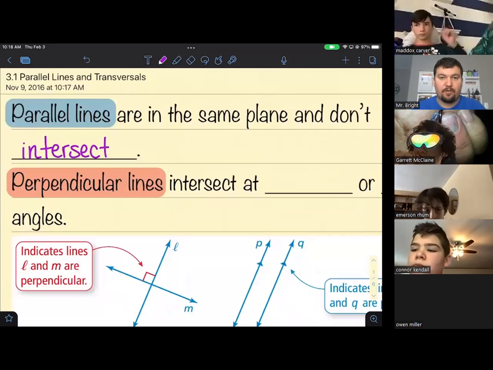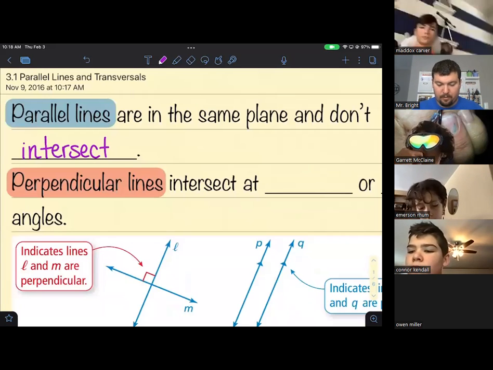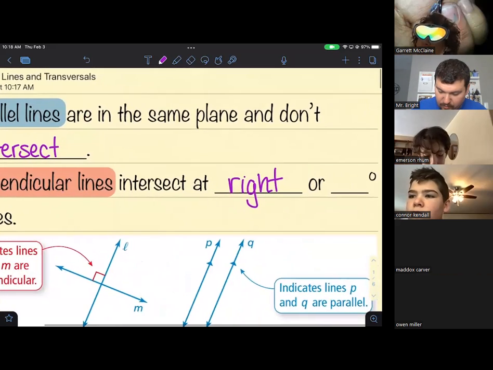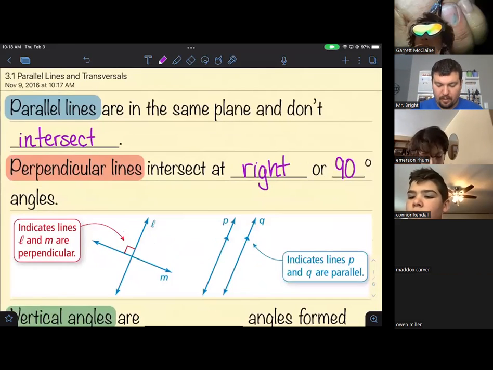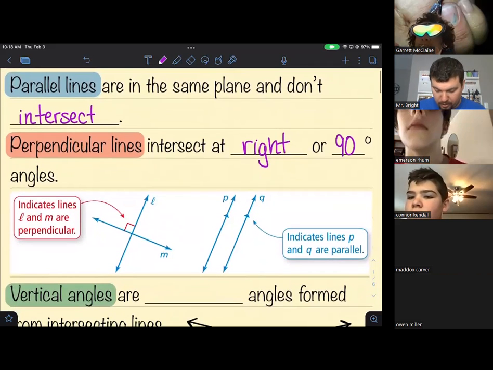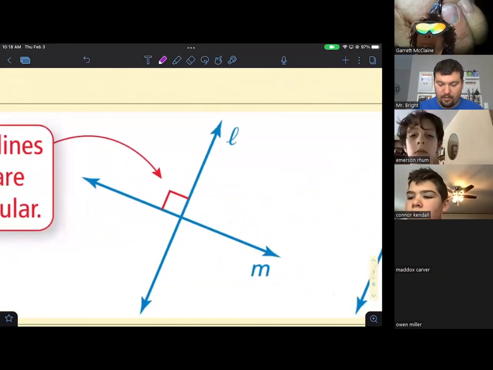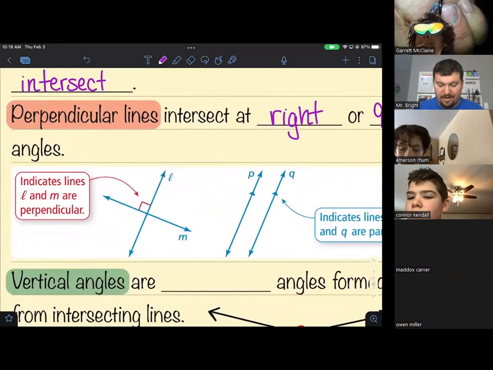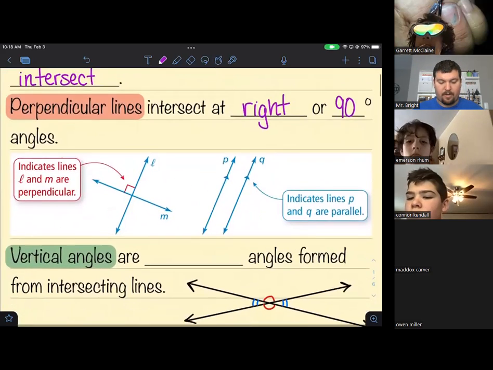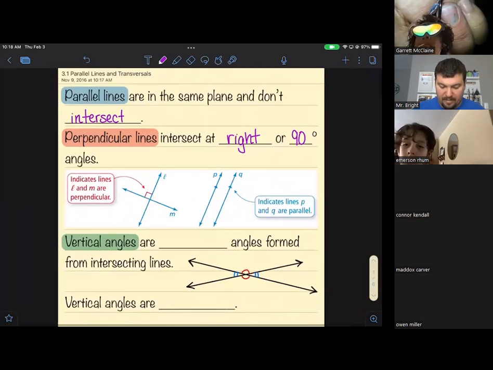Perpendicular lines, however, do intersect, and perpendicular lines intersect at right or 90-degree angles. I shouldn't be telling you anything you probably don't already know. So we have perpendicular lines that intersect at 90-degree angles, and then we have parallel lines which never intersect at all. Those are the types of lines we'll be talking about today.